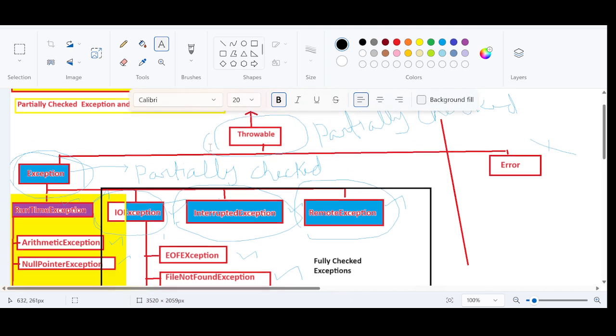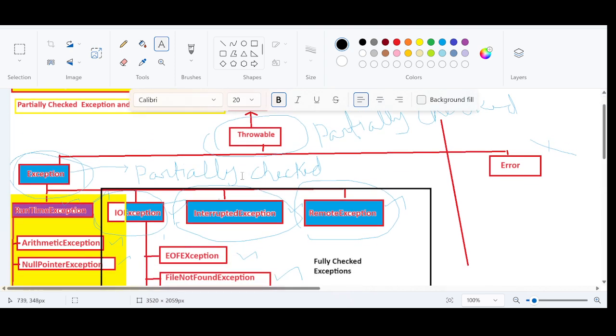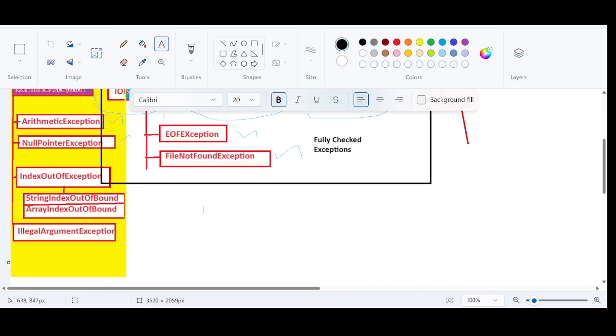Okay. If anyone asks about partially checked exceptions, there are only two partially checked exceptions in the Java exception hierarchy. First one is the Throwable class.